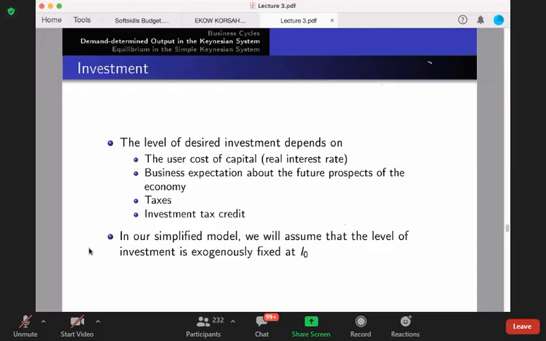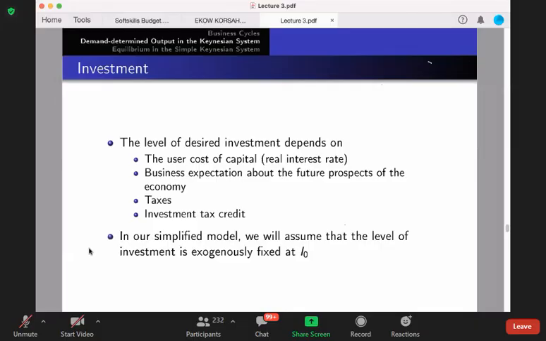Investment, there's in fact an investment function that you can write as a function of what? Interest rates. We are saying that we are not going to assume any function of that sort. So we assume it as given. It is fixed. So instead of having an investment function of, say, 500 minus 0.5R, there's nothing like that.